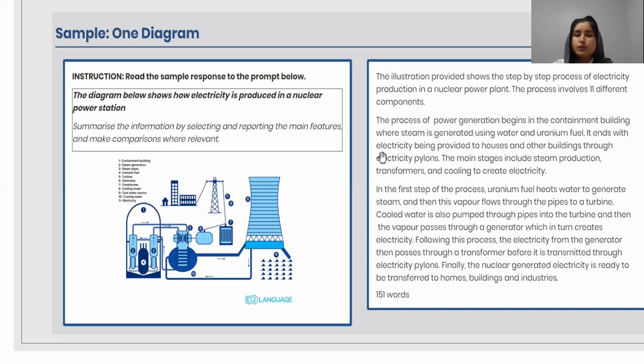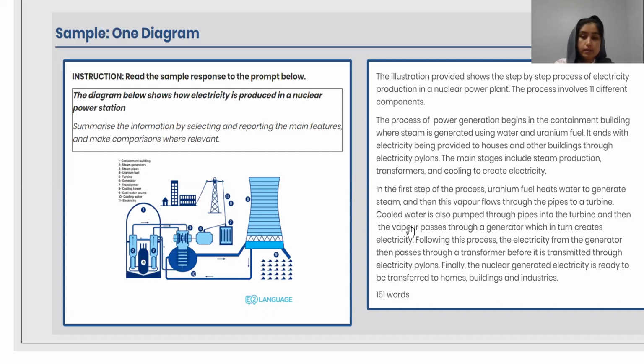And then it ends when electricity is being provided to houses and other buildings through electricity pylons. The main stages include steam production, transformer, and cooling to create electricity. So it's just like how it starts, how it ends, and then the main stages.